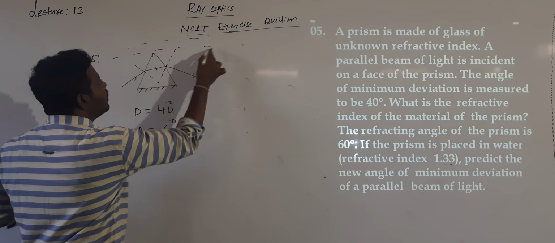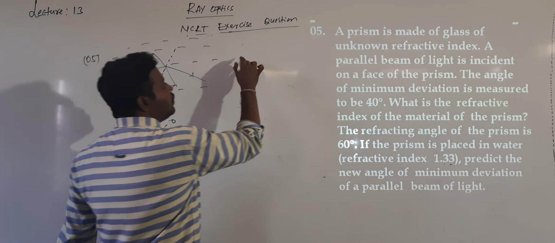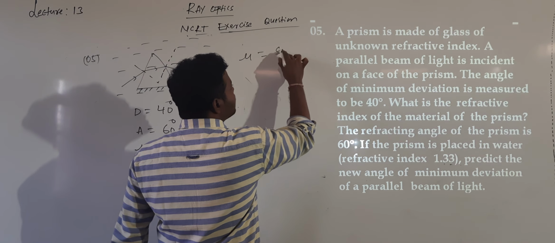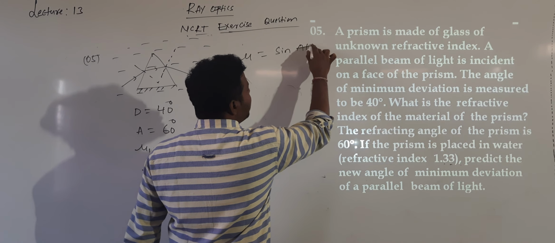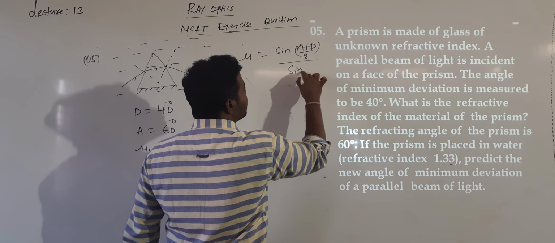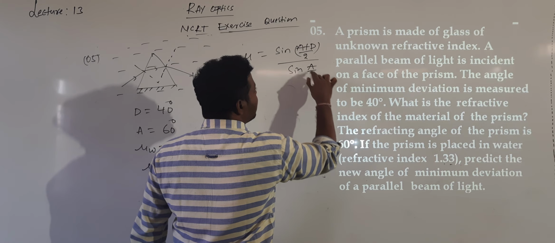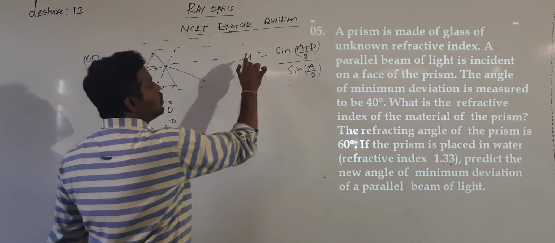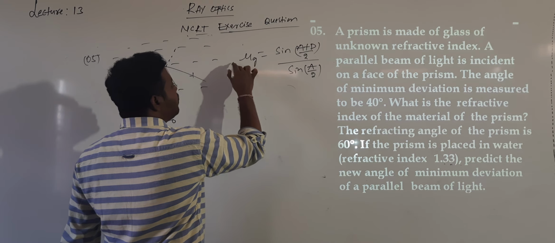The prism is made up of glass. So already we know the formula: mu is equal to sin((A plus D) by 2) by sin(A by 2). Correct? But here what should I write? Mu GW. So why mu GW?